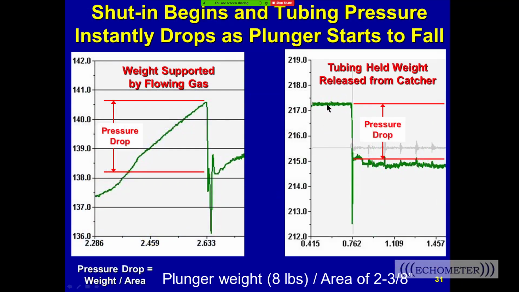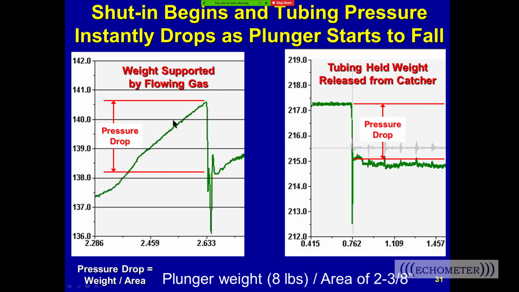So if you have the plunger held by a catcher, then the plunger's weight is resting and held against the tubing wall. And when the catcher releases the plunger, you see a sudden drop in pressure versus the gas pressure having to build up equal to the weight of the plunger divided by the area to release the plunger.